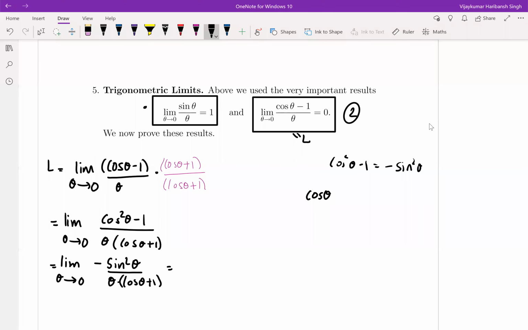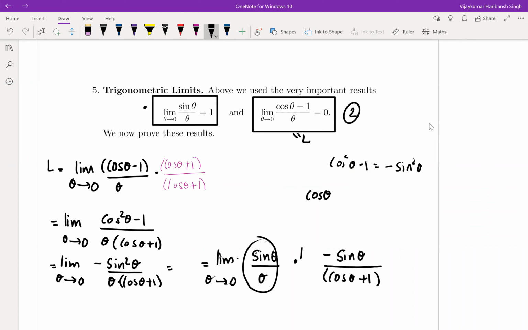Now I'm going to split it. This is going to be limit as theta goes to 0 of sin theta over theta multiplied by whatever remains, sin theta divided by cos theta plus 1. Limit of f times g is limit f times limit g, provided both these limits exist. Does this limit exist? Yes, it does. This limit is 1. What about this limit as theta goes to 0?